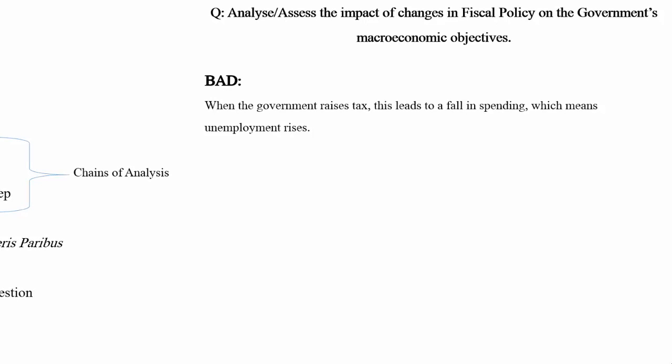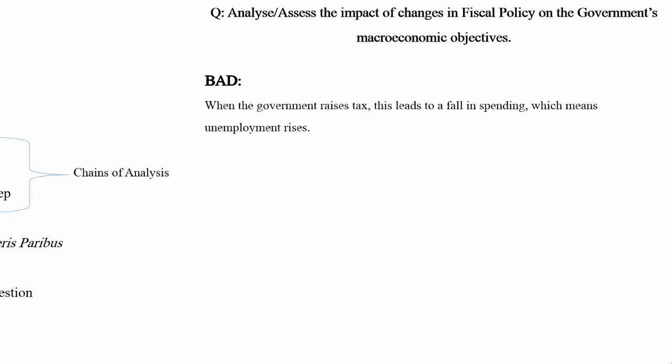So we need to ask ourselves, why is this bad? Well, it's bad for a number of reasons. Firstly, it doesn't specify which type of tax we're talking about, because in economics, different taxes have different effects. So if we're talking about income tax, it's going to have a different effect to, for example, VAT, petrol duty, or corporation tax. The second problem is it goes on to tell us about a fall in spending.